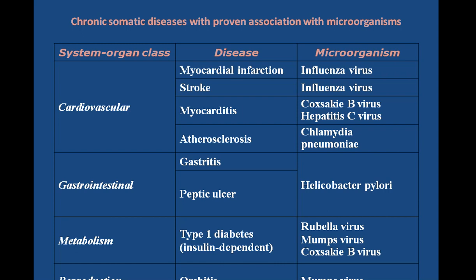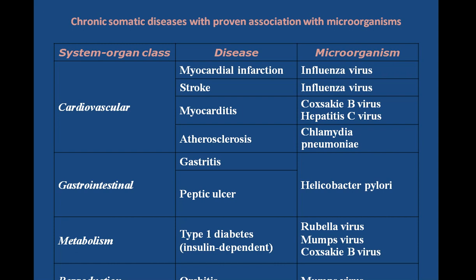They are influenza virus, Coxsackie B virus, hepatitis C virus, Chlamydia pneumoniae, you can see on the table. Gastrointestinal: peptic ulcer, gastritis, Helicobacter pylori. Now everybody knows about this, and some people received the Nobel Prize. They are winners of the Nobel Prize for this extraordinary discovery.